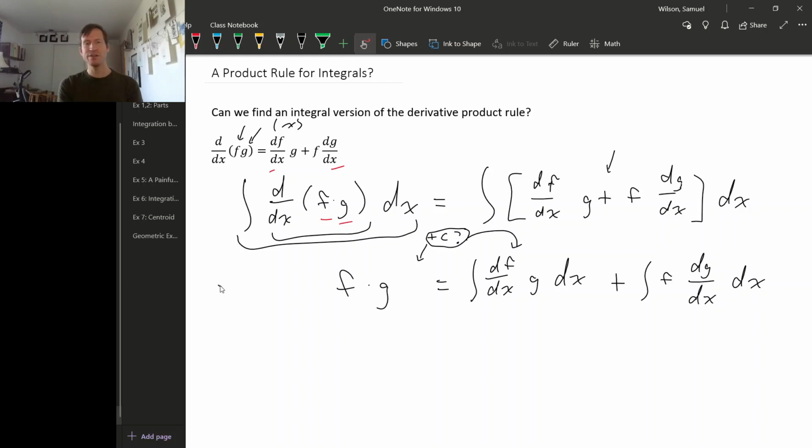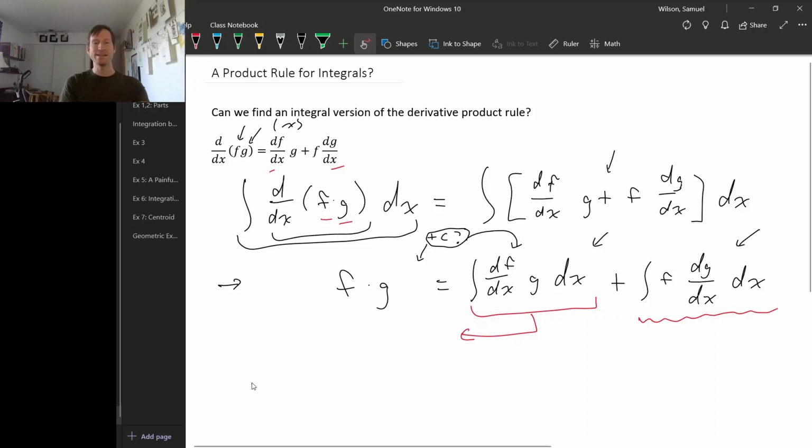Okay, so this equation is true, but why should this count as a product rule for integrals? Well, the integral with the product in it is over here. We sort of have a choice of which one we want to solve for, and the traditional choice is, I guess, to solve for this second one. So we'll just move this first integral, integral of df dx times g dx, to the left-hand side.